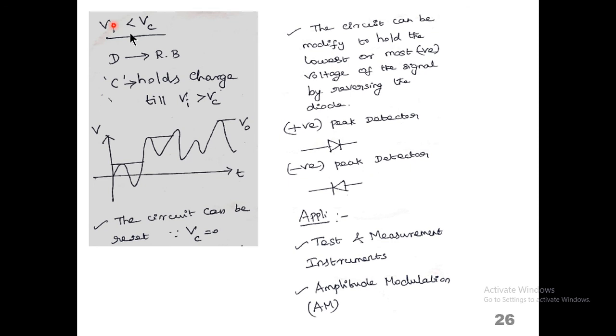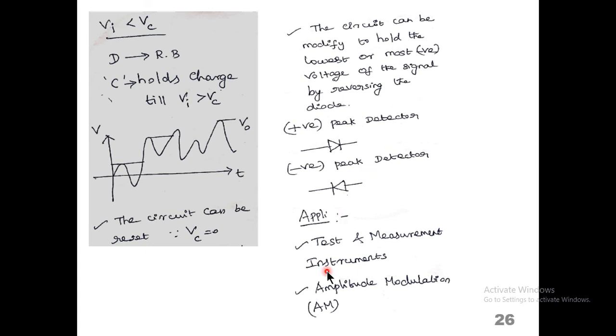When Vi is less than VC, the diode will be in reverse bias condition, and the capacitor holds the charge. So for a continuously varying signal, we can measure the maximum voltage, the peak voltage, and by changing the direction of the diode, it works as a positive peak detector and a negative peak detector.